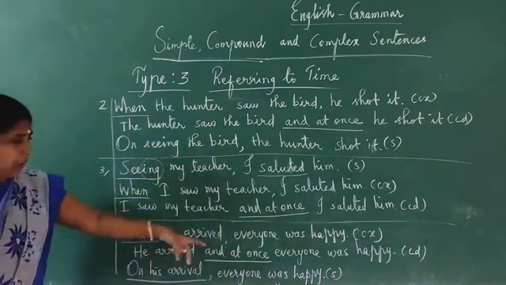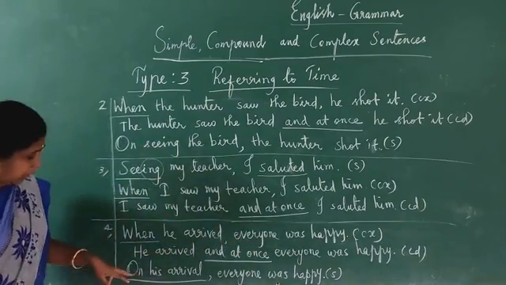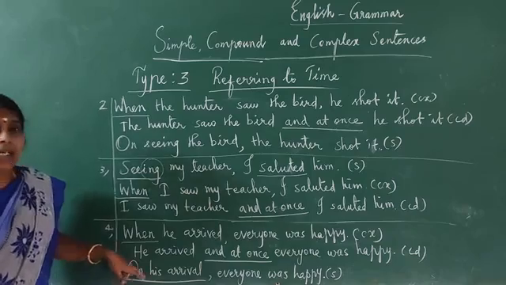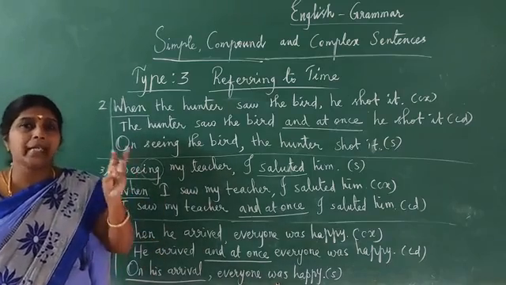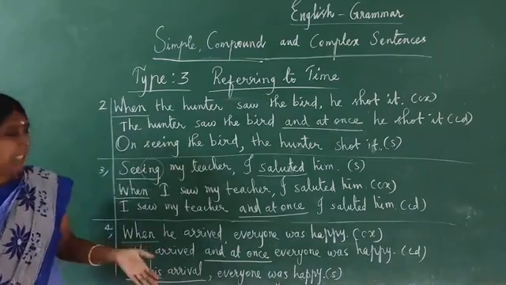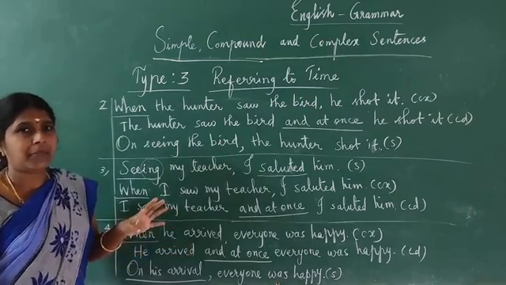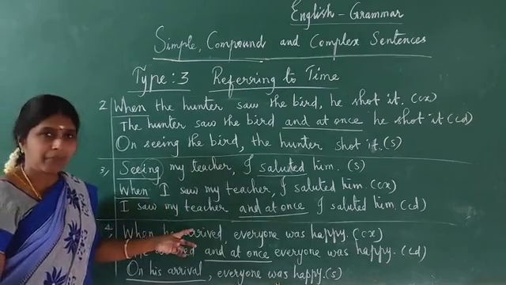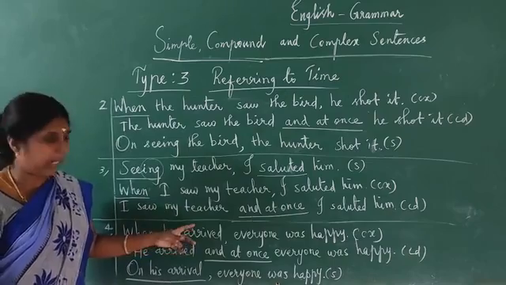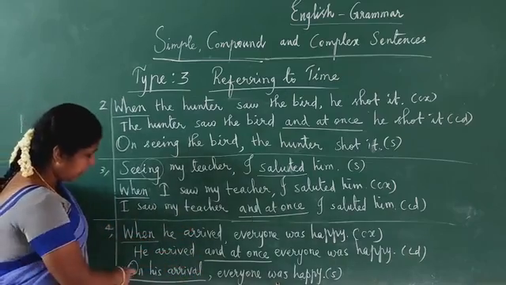Then changing into simple sentence. First we have to write "on". I already told you: "on" plus ing form or noun form. Here "arriving" is not possible, because the meaning is somewhat different. So I find out the noun form. The noun form of "arrive" is "arrival".